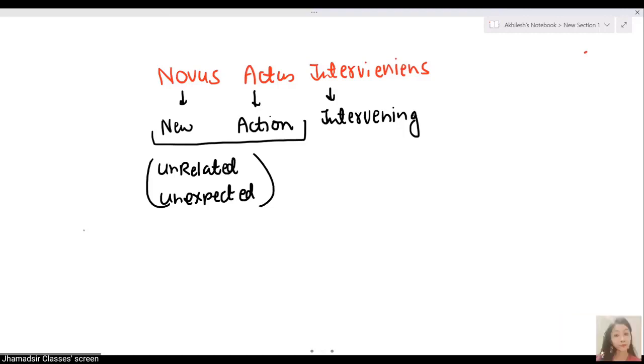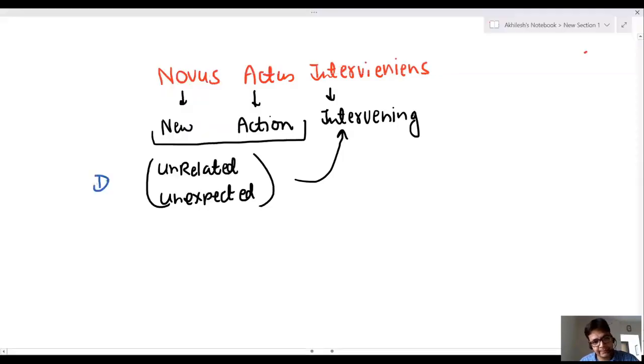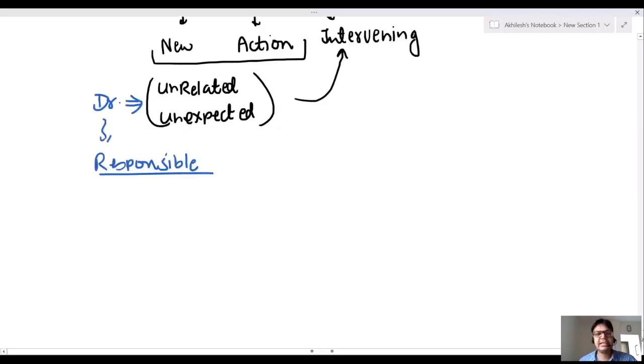If a doctor is involved in any unrelated or unexpected action, that doctor will be responsible.